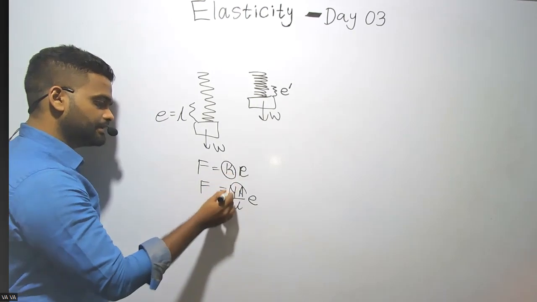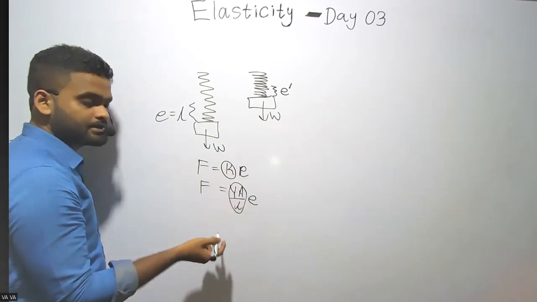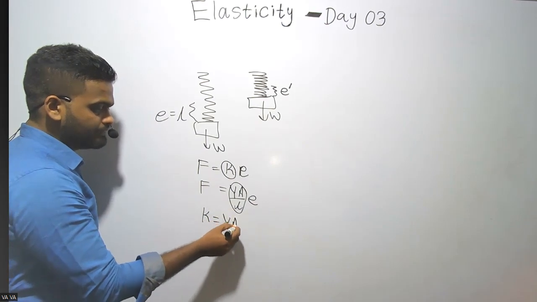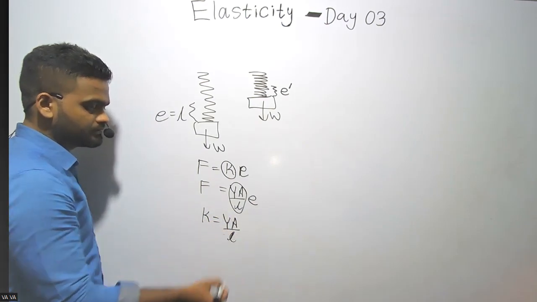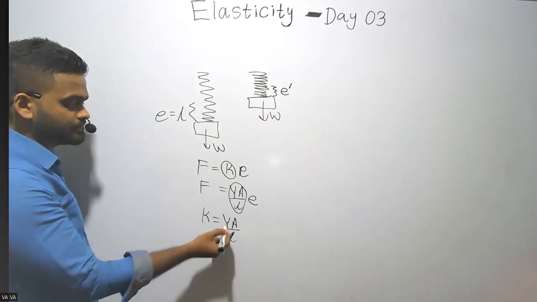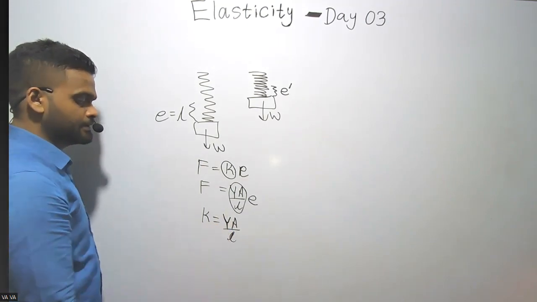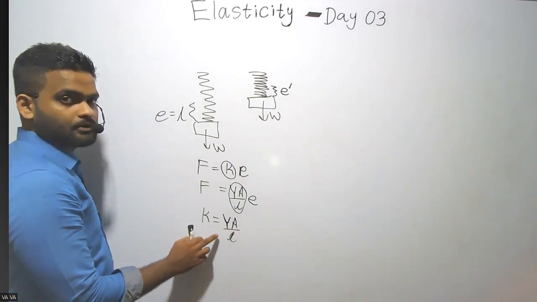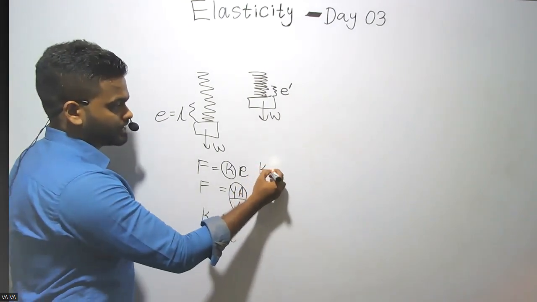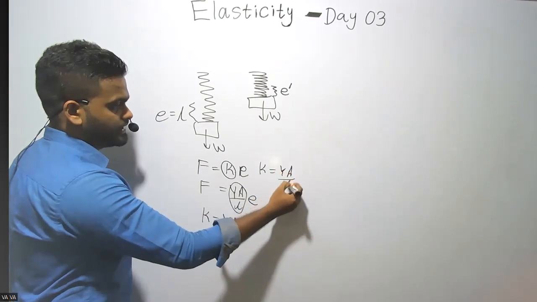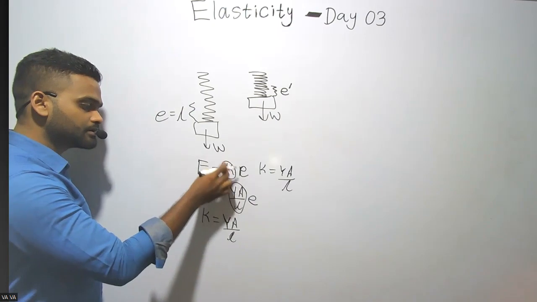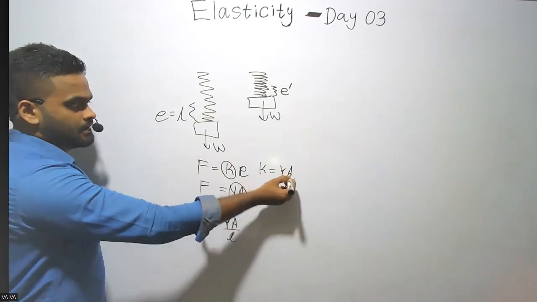This K and this term should be the same. So K is equal to Y A divided by L. That is going to be important. That is the combination between spring constant and Young's modulus, right?